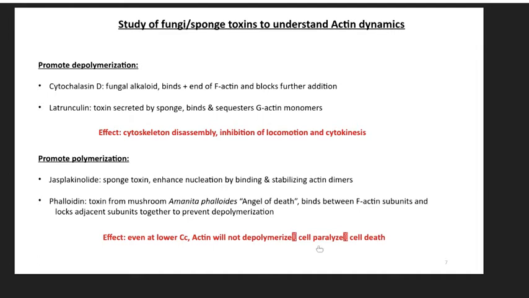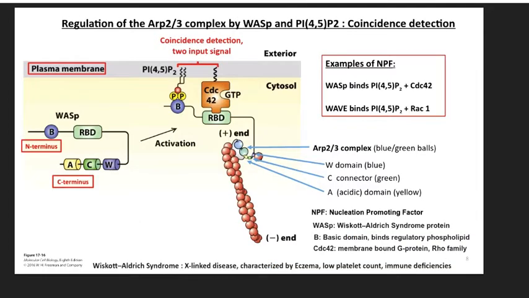So you'll need to know all of these. Also, since these two promote polymerization, even at lower critical concentration, actin won't depolymerize. The end result is eventual death for the cell.